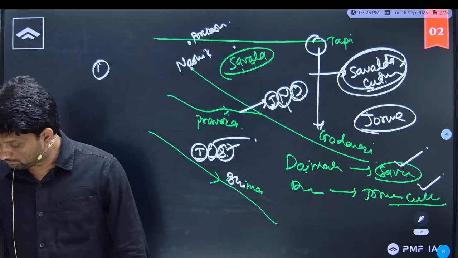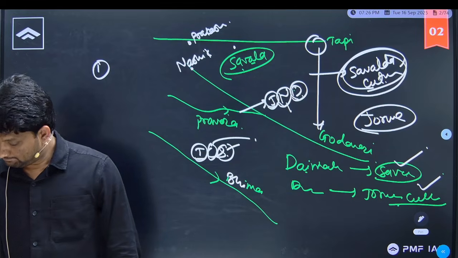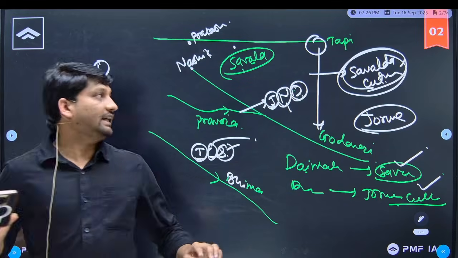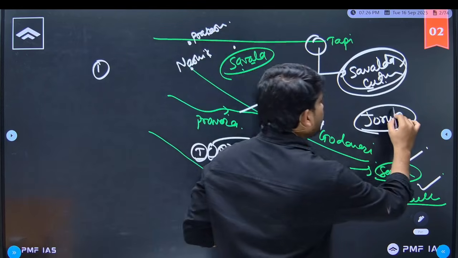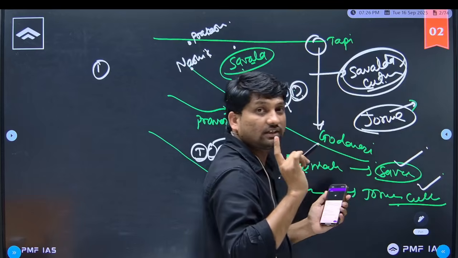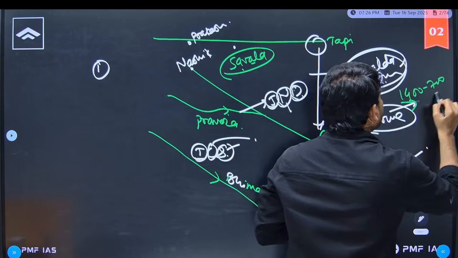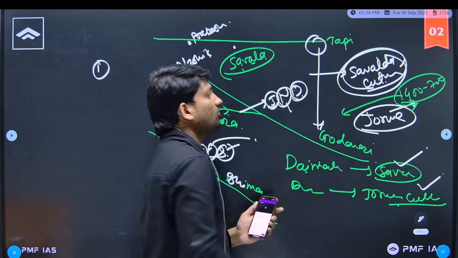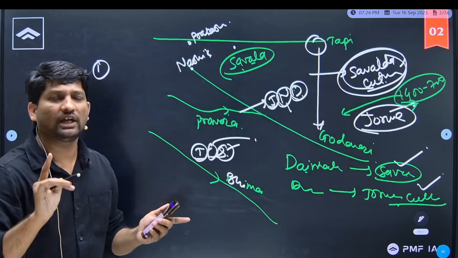Any problem? Yes, Bhima is a tributary of Krishna. See, whatever I have told you, all these sites belong to Jorwe culture. But if you consider the time period of Jorwe culture, it is 1400 to 700. So even before that, all these sites show different cultures.